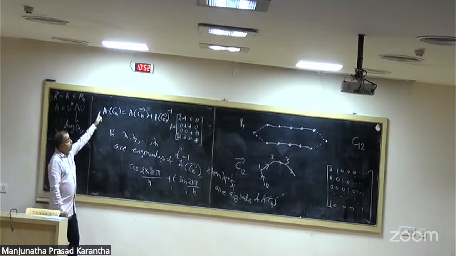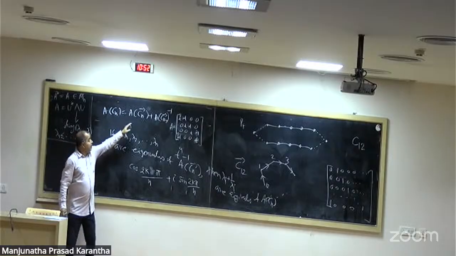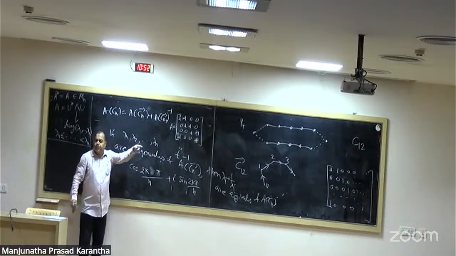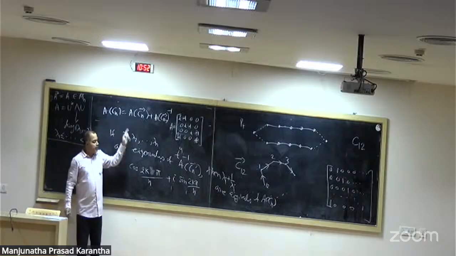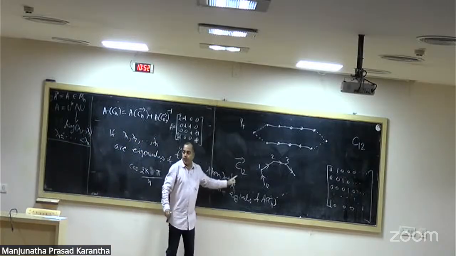Because whatever were the eigenvectors, remember the n linearly independent eigenvectors, I just multiplied with them. And I checked that when I multiply one eigenvector, I get the corresponding eigenvalue plus 1 by lambda.